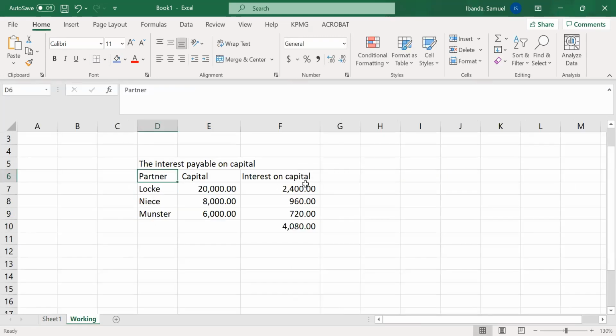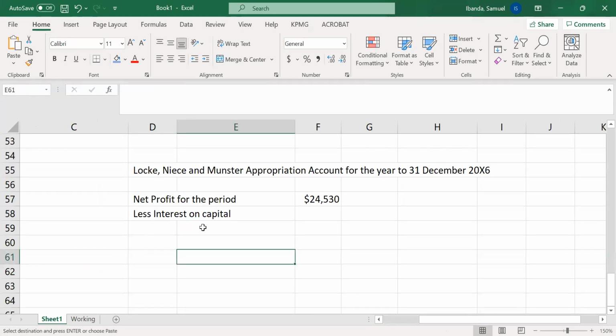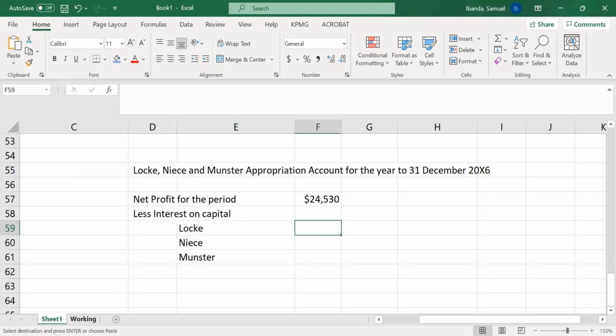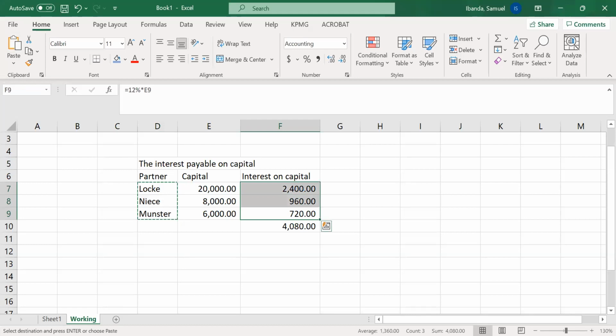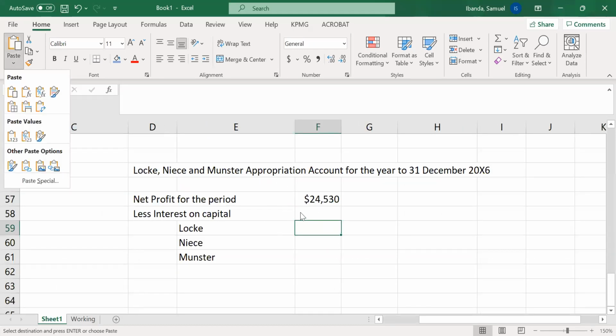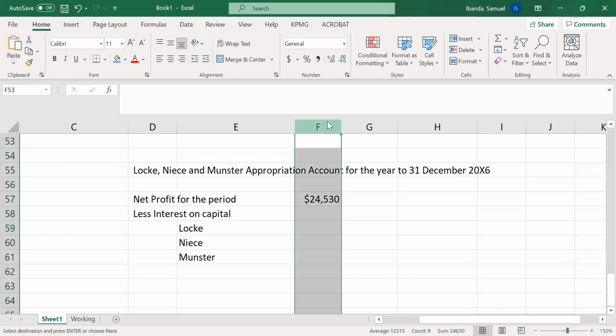So interest on capital is this. I'll just copy the names and put the values there. You can even do this.